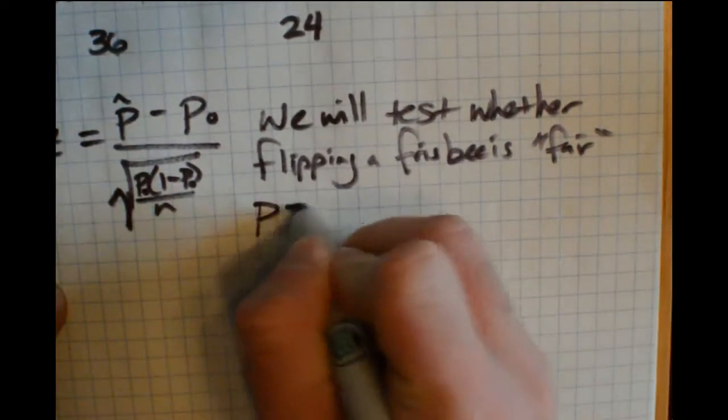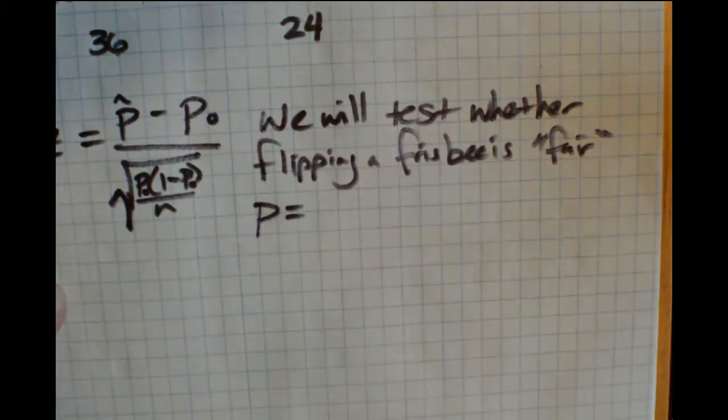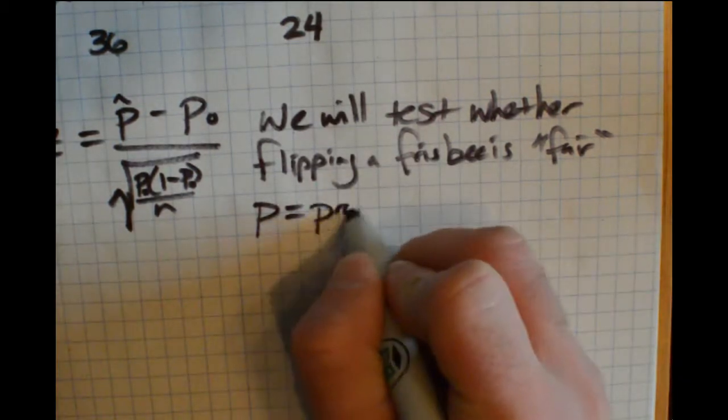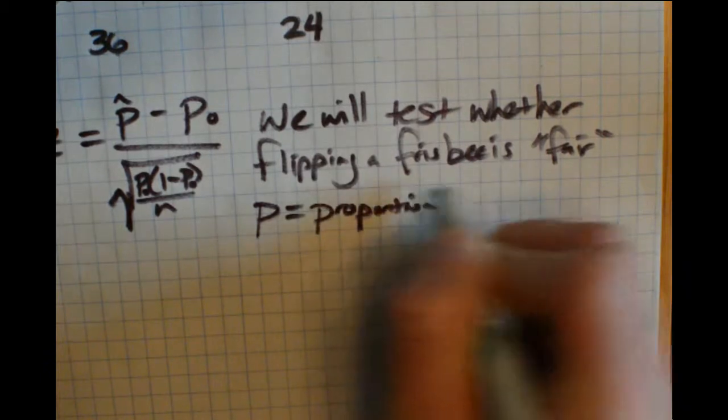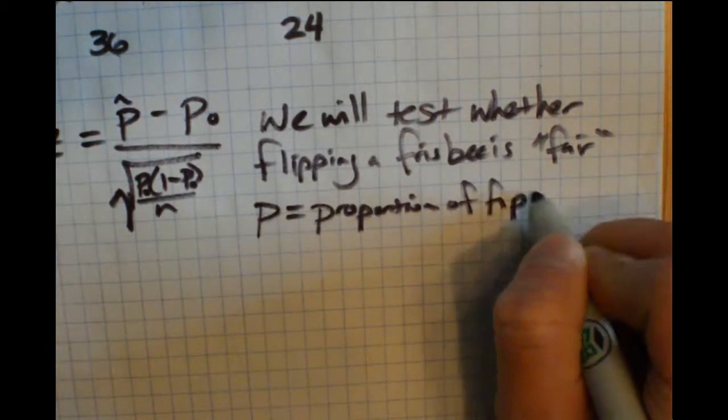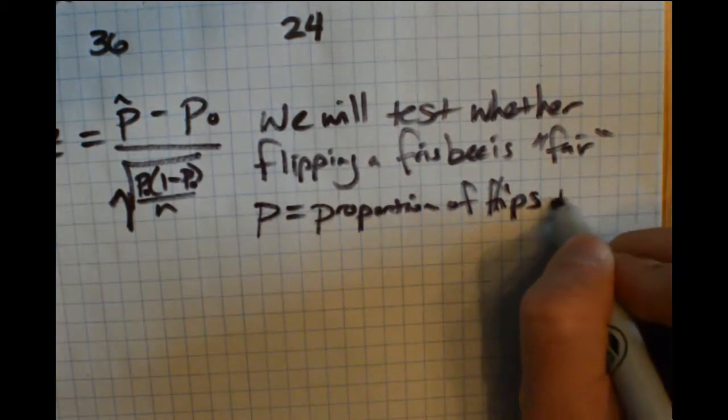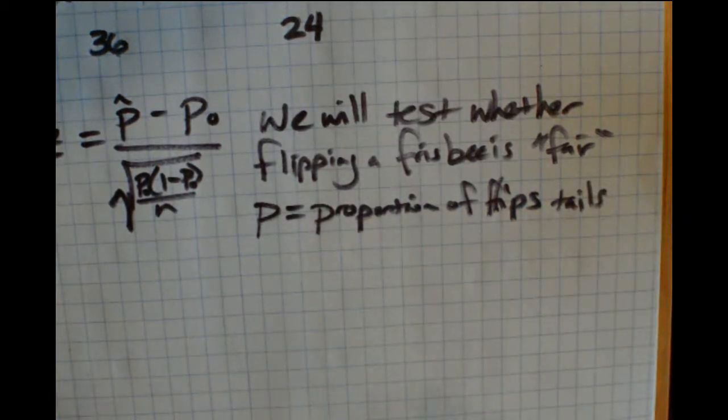Our parameter of interest is going to be a proportion, and I was looking at tails first, so I'm going to say that p is equal to the proportion of the flips that are tails.